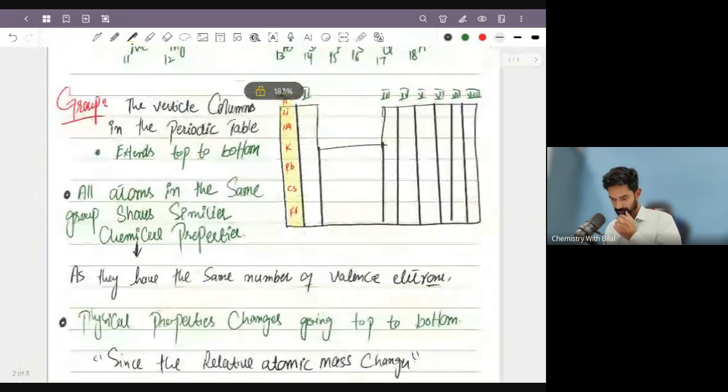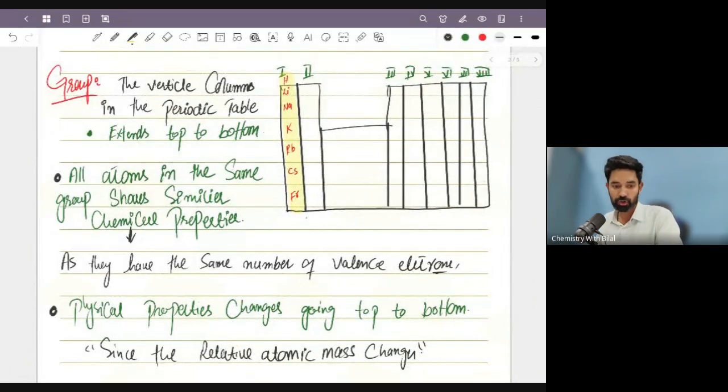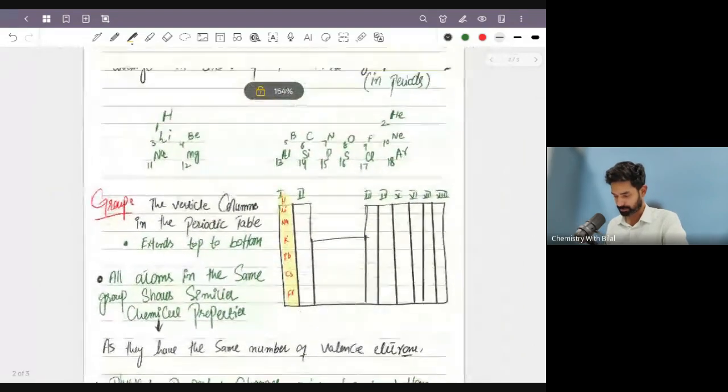So what is a group in the periodic table, guys? A group is a vertical column. Groups are vertical columns that extend from top to bottom. All the atoms in the same group show similar chemical properties because they have the same number of valence electrons. They show different physical properties because their relative atomic masses are different.